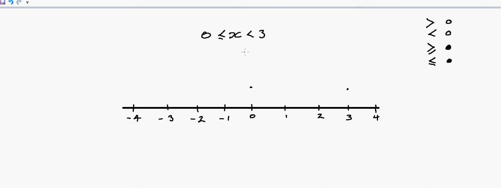We need to decide what signs to put in. So here it's and equals to, so it's a Malteser or a solid circle. Here it's just less than, so it's an empty circle or a polo, and then we just join the two together. Okay, and we now know that x can be 0, it can be 1, it can be 2, but it can't be 3 because it's not and equals 3.